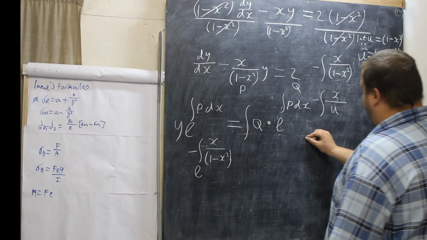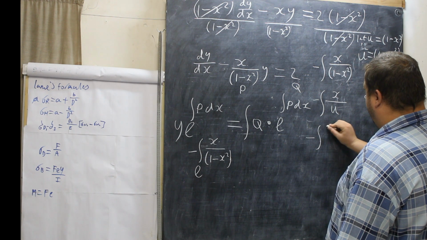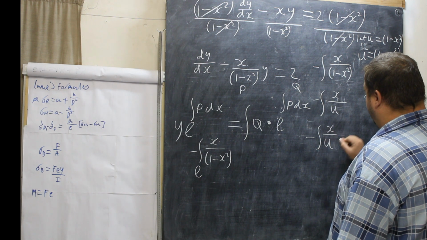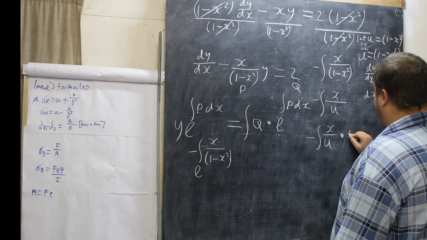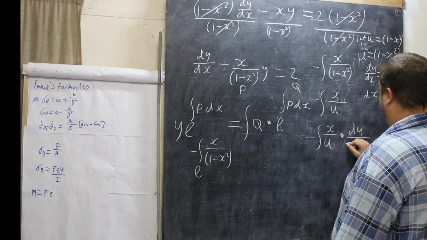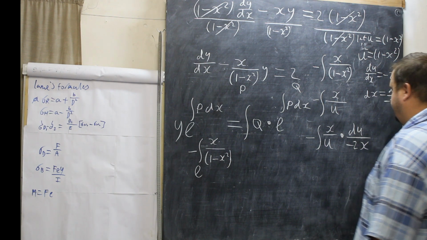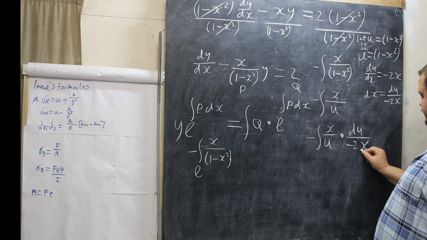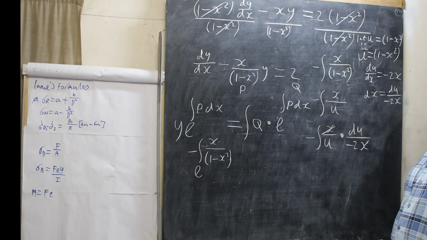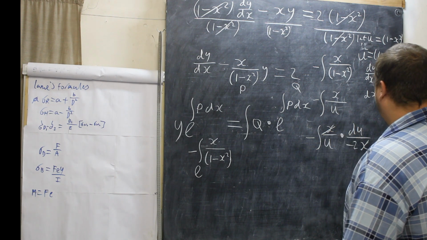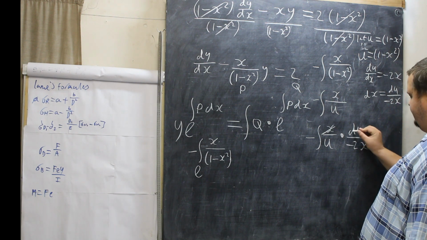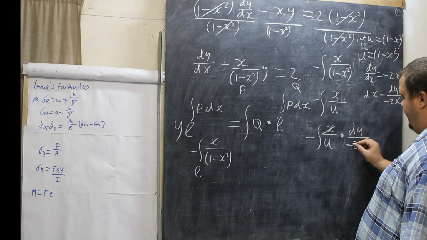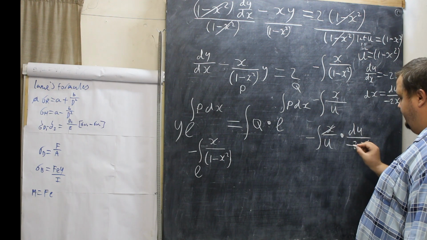So, our sum will be minus the integral of x over u times du over minus 2x. So, right now, x and x cancel out. So now we are left with minus a half. Minus times a minus is a positive.